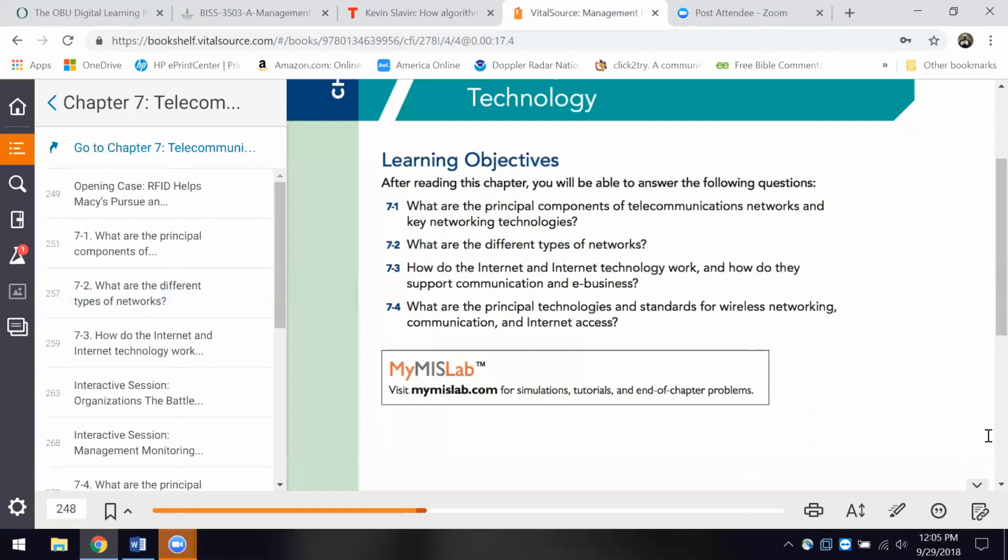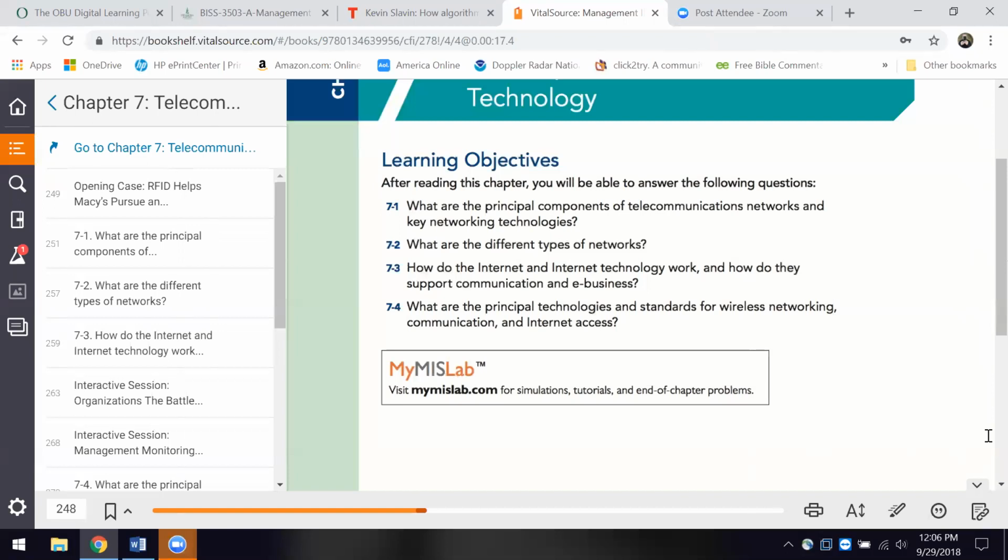You're either at some point going to be involved in purchasing one of these services, or you're going to be involved as a taxpayer in voting on whether we're going to add wireless 5G to Sapulpa, Oklahoma, for example. They may have it, I don't know.